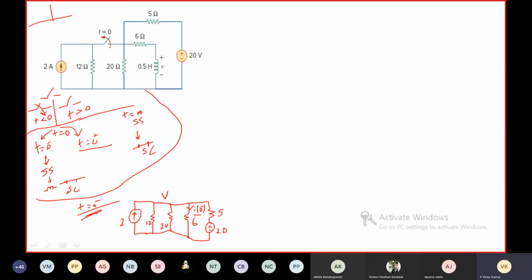Okay, let us use node analysis. Apply KCL at this node. If I apply KCL at that node, minus 2 plus V by 12 plus V by 20 plus V by 6 plus (V minus 20) by 5 is equal to 0.